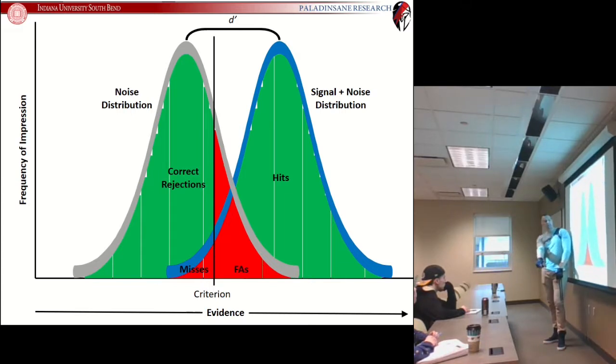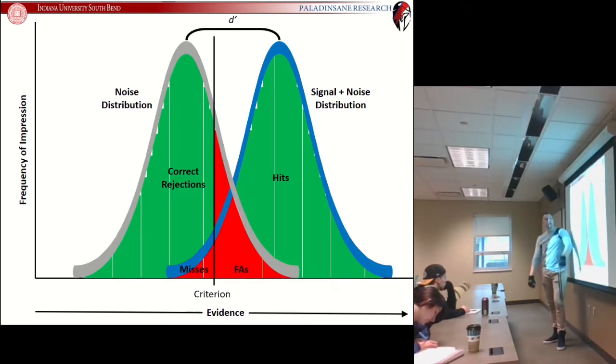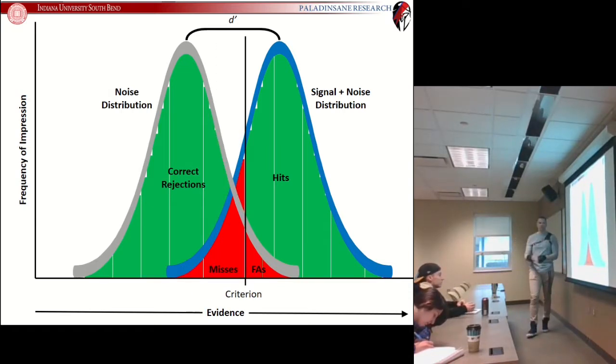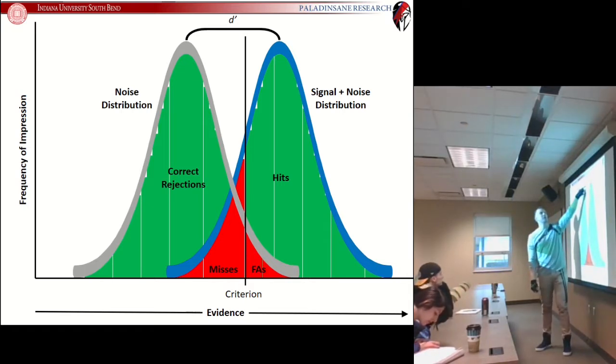So moving the criterion can make you better in one area, such as better at hits and better at misses, but it will automatically make you worse in another area, because now you're making more mistakes, you're having more false alarms. This is one of the reasons why this is such a powerful tool for psychologists: notice that the sensitivity here doesn't change.